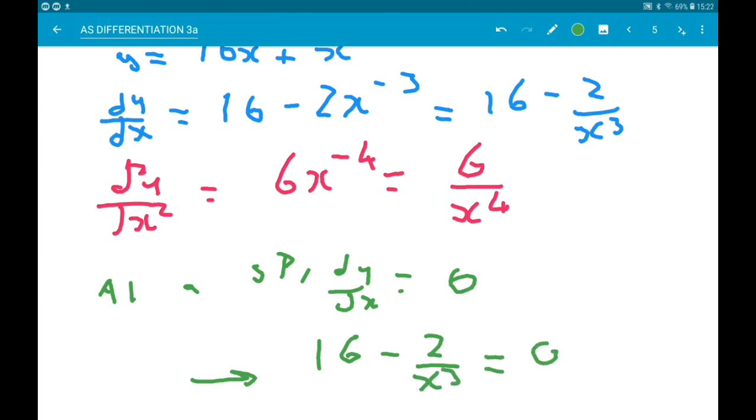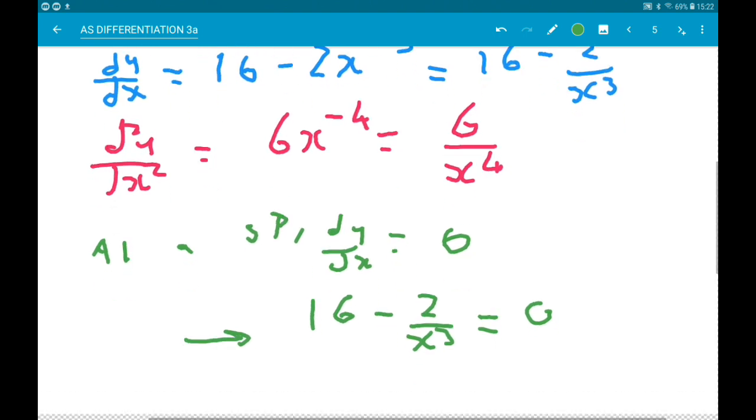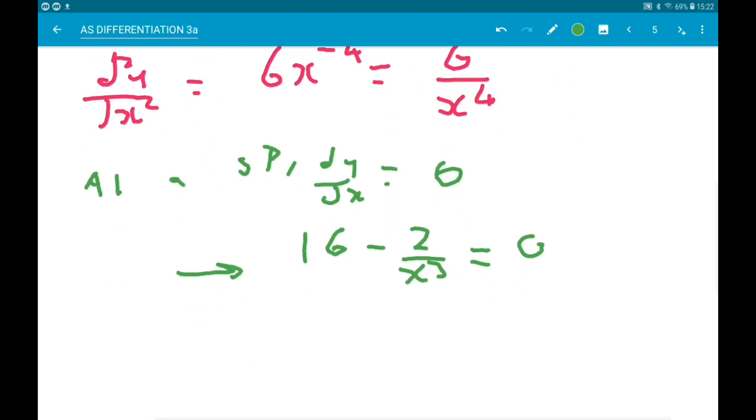Okay, now let's multiply through by x cubed. So we get 16x cubed minus 2 is equal to 0.